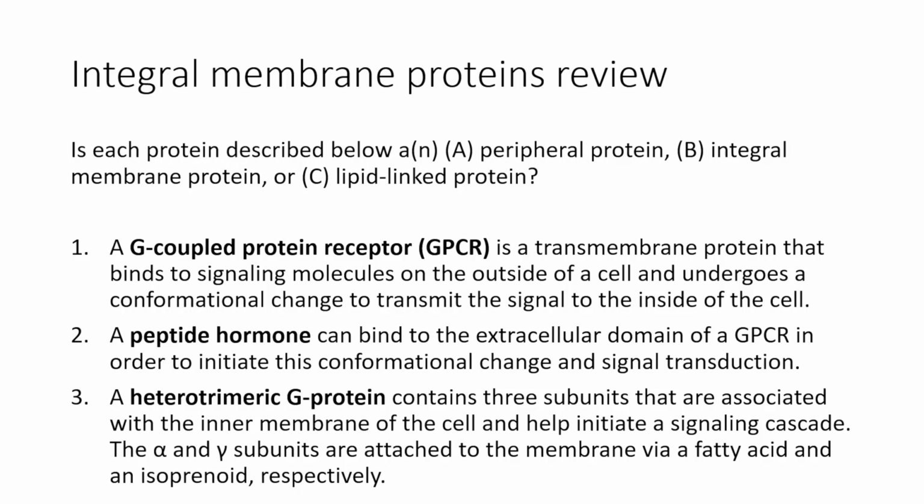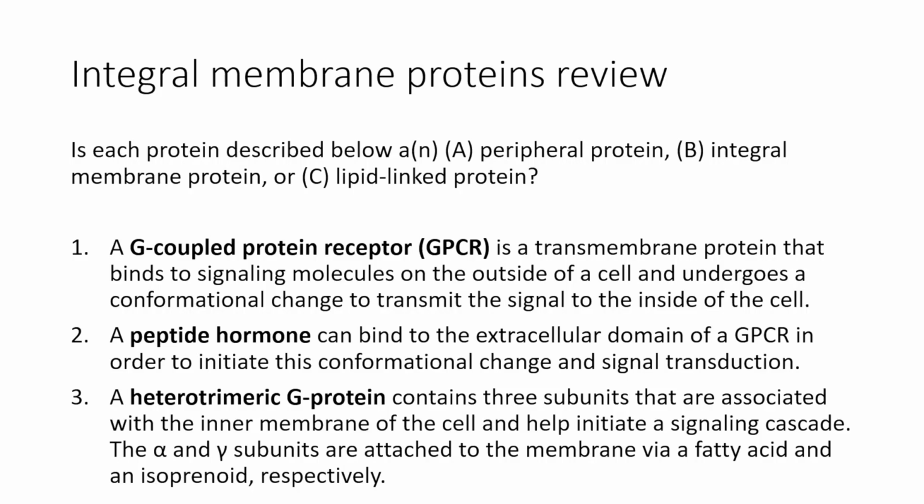All right. Looks like most people are done. So let's start talking about these 3 types of proteins. Number 1, the G protein coupled receptor. Which type of protein is it?